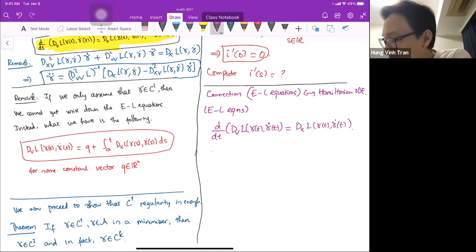Let me recall that gamma t here I'm going to denote by xt. This is the position of our particle. Gamma dot t, sometimes people denote it by vt. This is the velocity of our particle.